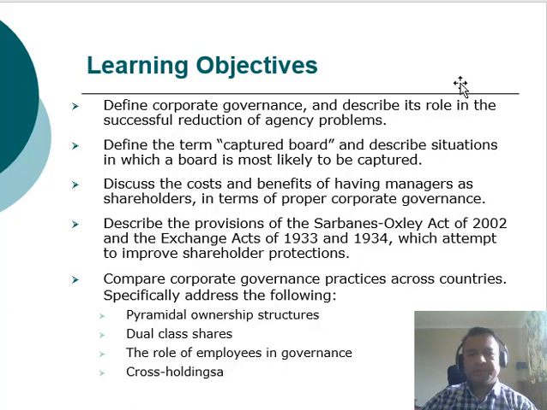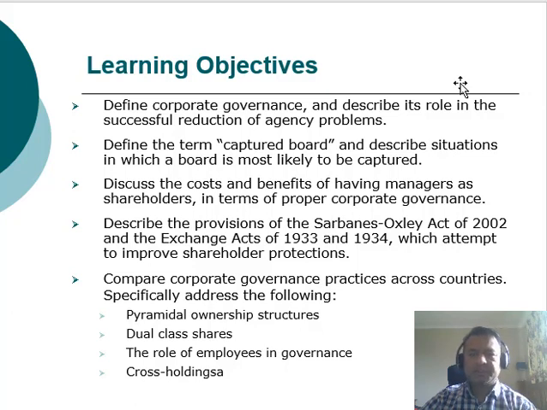The learning objectives include: one, define corporate governance and describe its role in the successful reduction of agency problem. Two, define the term captured board and describe situations in which a board is most likely to be captured.